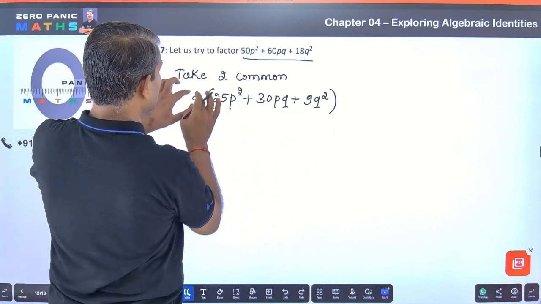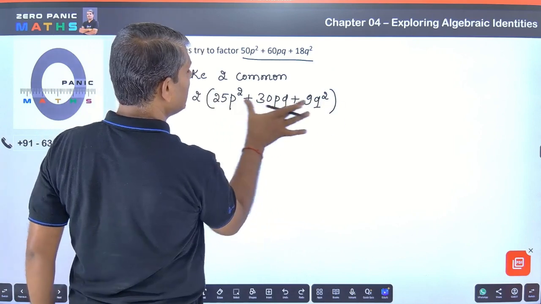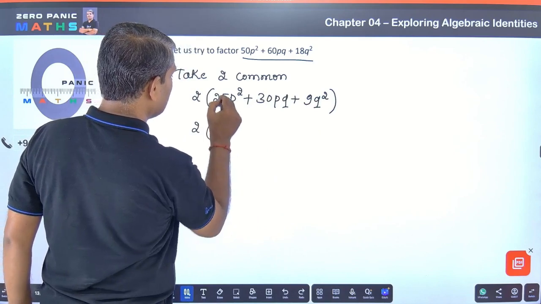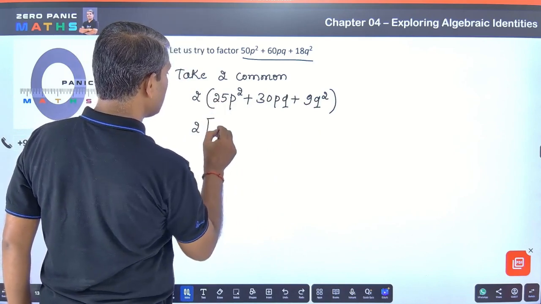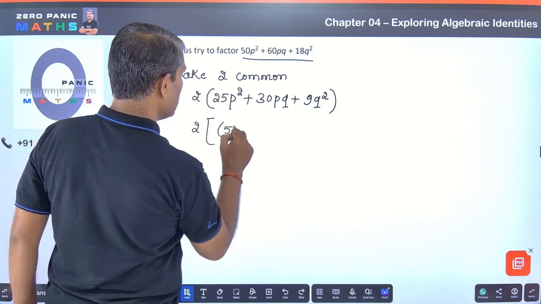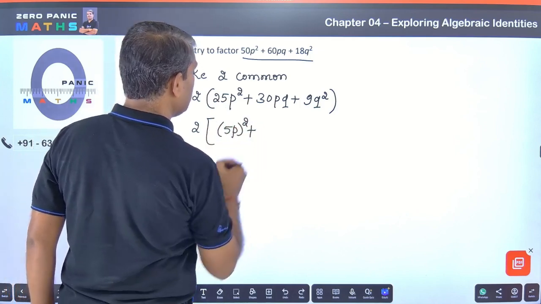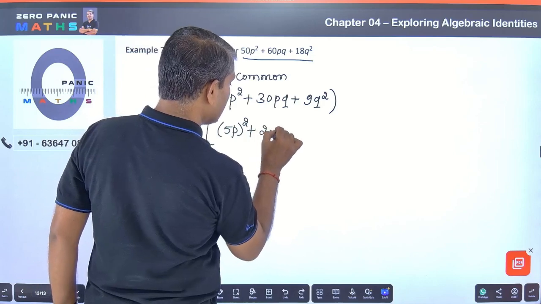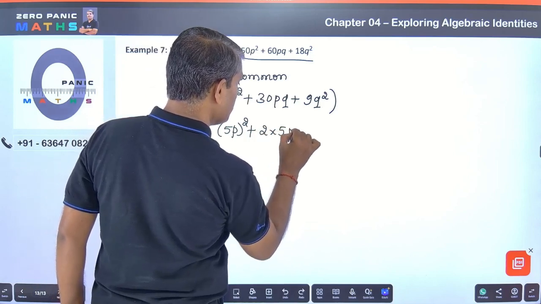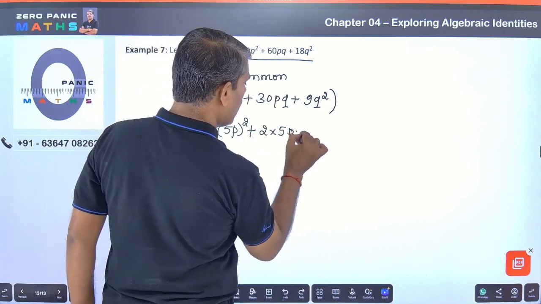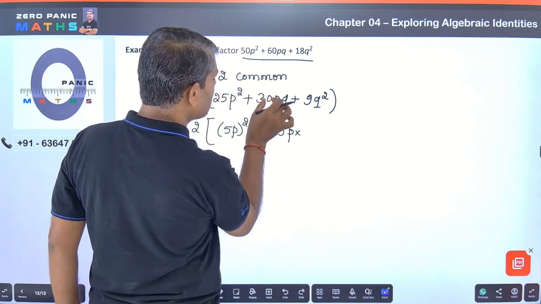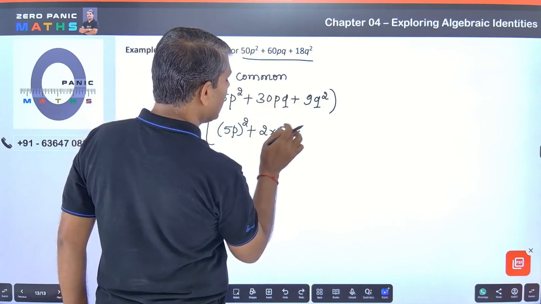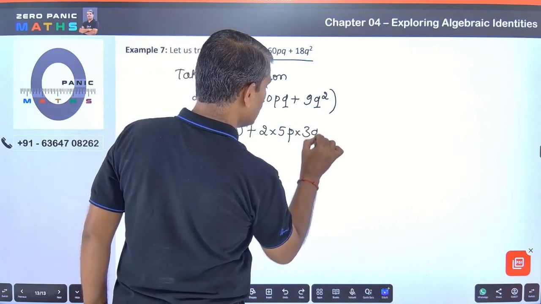Now I just keep 2 aside and consider this only. Let us keep 2 as it is and write this as 5p whole square, that is 25p square. Now since I have a is equal to 5p here, I can directly write 2 into 5p because that is 2a, and what is required for me to make it 30pq. Q is required, 2 5s are 10, and 10 3s are 30, so 3q is required.